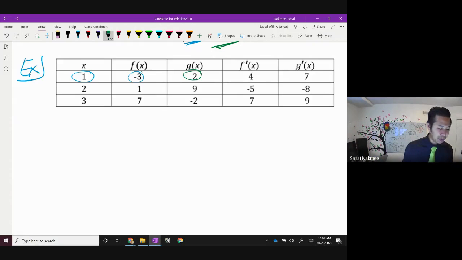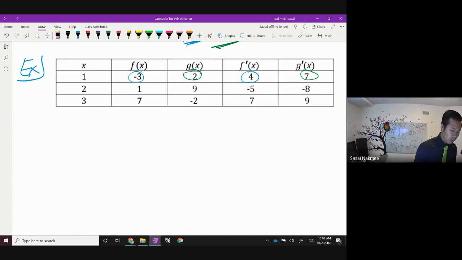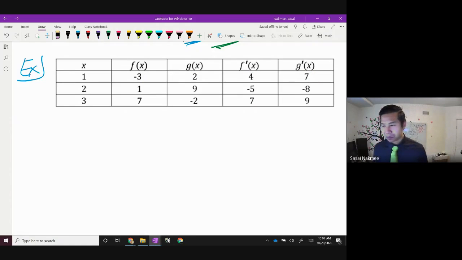They're only telling us the output value. They also tell us the derivatives at that point. They tell us the slope of the tangent line at that point. All right, so what's going on? Let me show you.